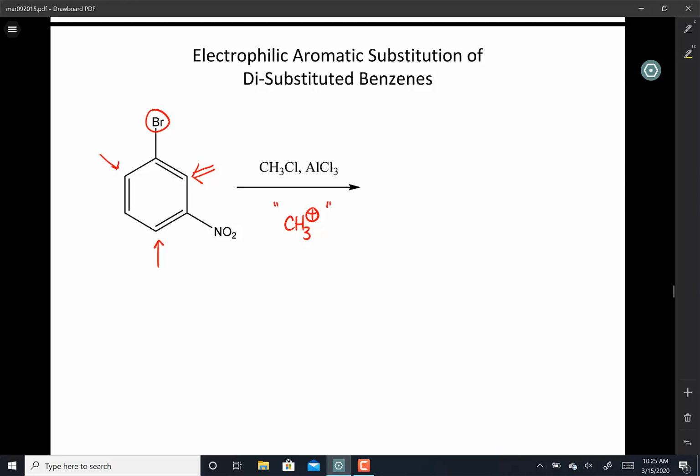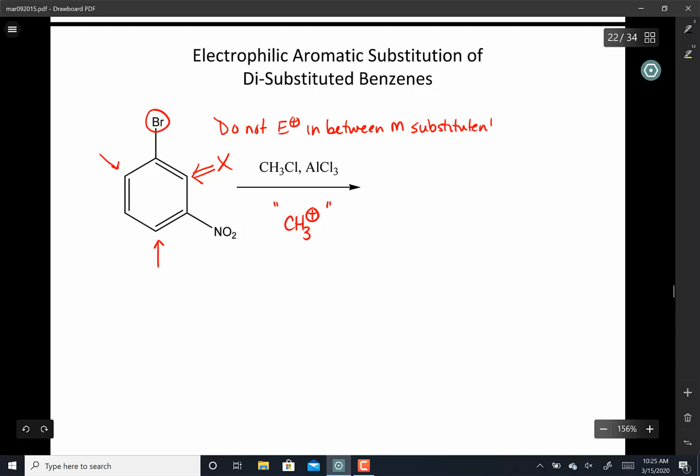Now, the first steric effect that we are going to invoke 100% of the time is that we do not add an electrophile in between meta substituents, or 1,3 substituents.